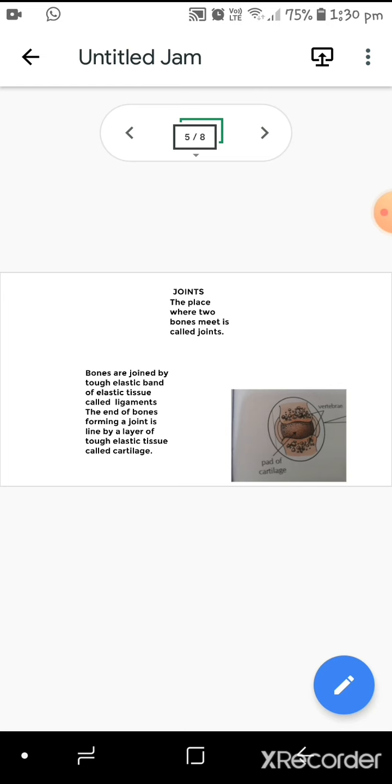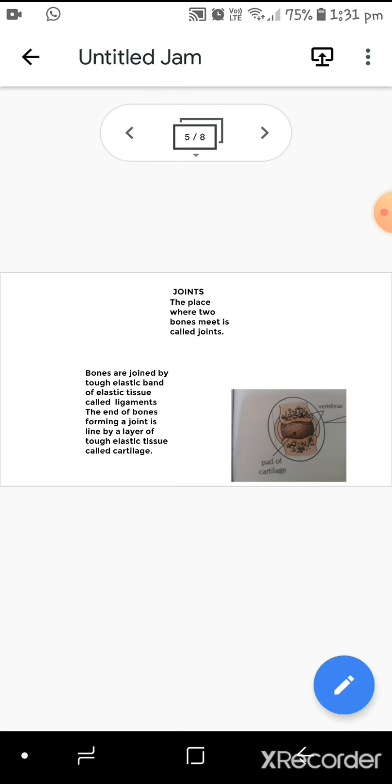The end of the bones forming a joint is lined with a layer of tough and elastic tissue called cartilage. The cartilage makes the end of the bone smooth and reduces friction between the bones during movement. Cartilage is present in other parts of the body like the upper part of the ear and the front part of the nose. In the figure you can see how the cartilage is found between the vertebrae.